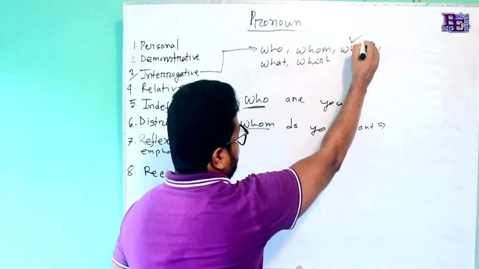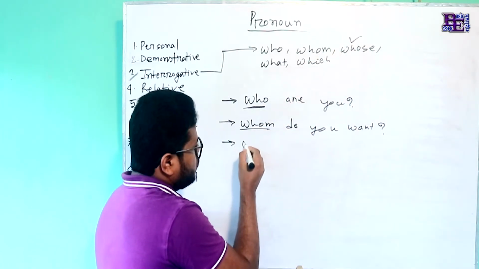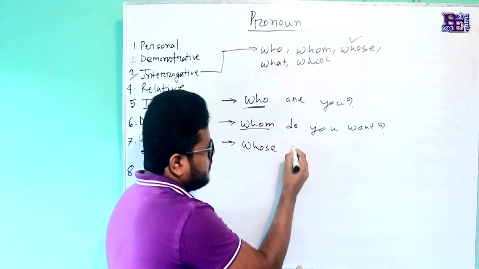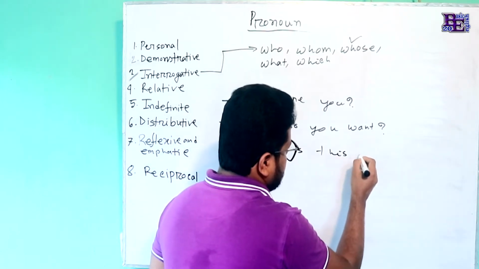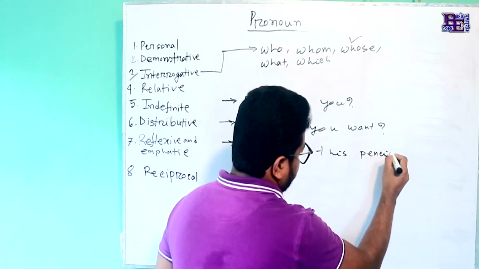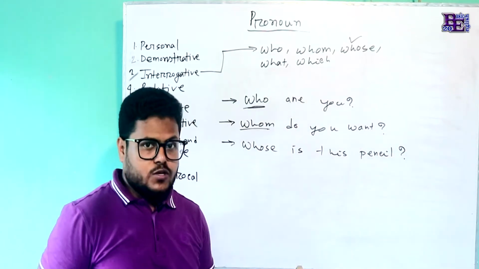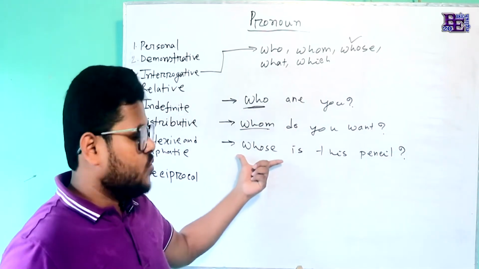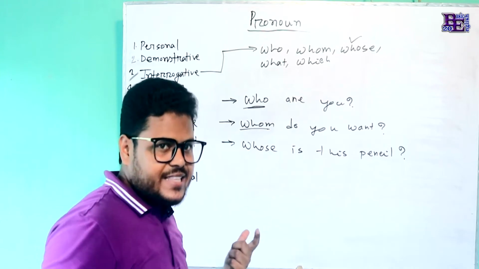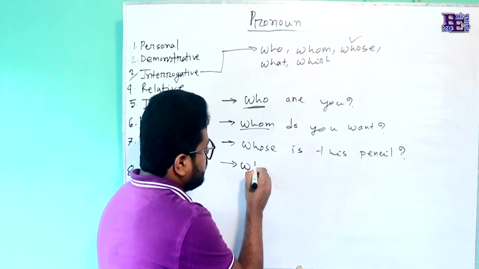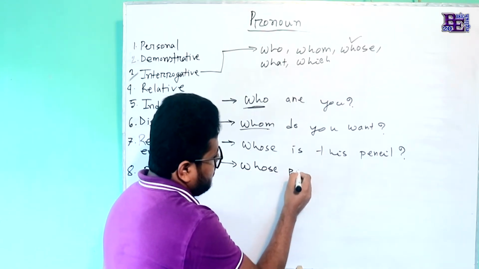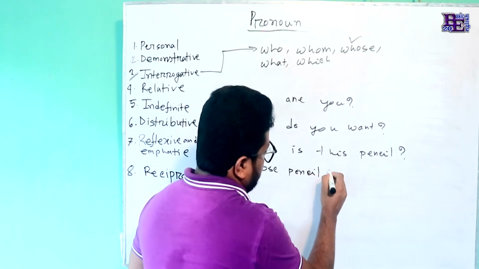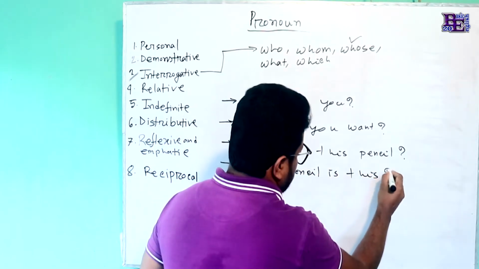So let's get an example with whose. Whose is this pencil? That means you don't know the owner. That's why you're asking the question with whose. But if you ask like this, whose pencil is this?